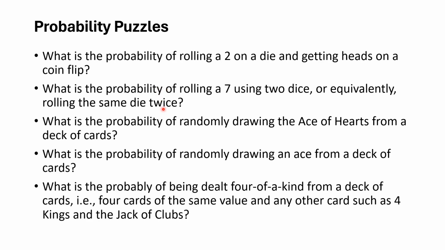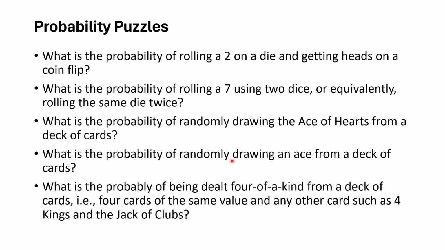So again, these would be 2 independent events. What is the probability of randomly drawing the ace of hearts from a deck of cards? So to do this one, we need to know the total number of ways of drawing a card from a deck, and then we just have this one event here, this ace of hearts.